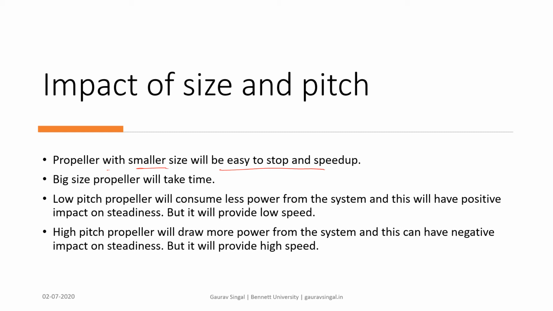But a bigger propeller will take time, because it needs high power to rotate, and it will also take time to stop. The same case with this propeller: a bigger propeller will take time to rotate.